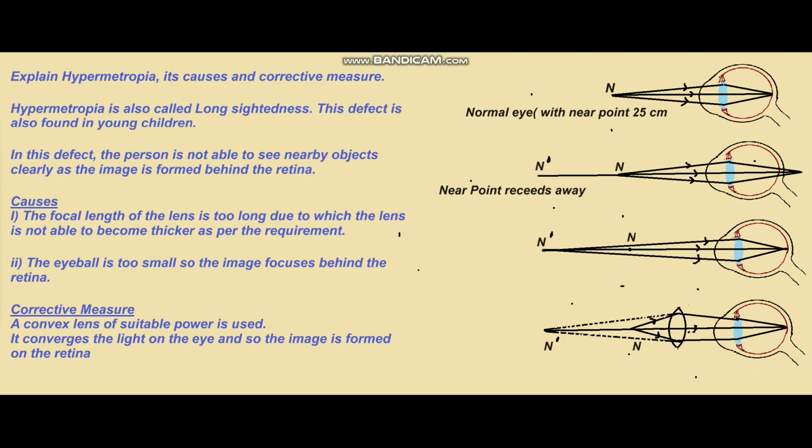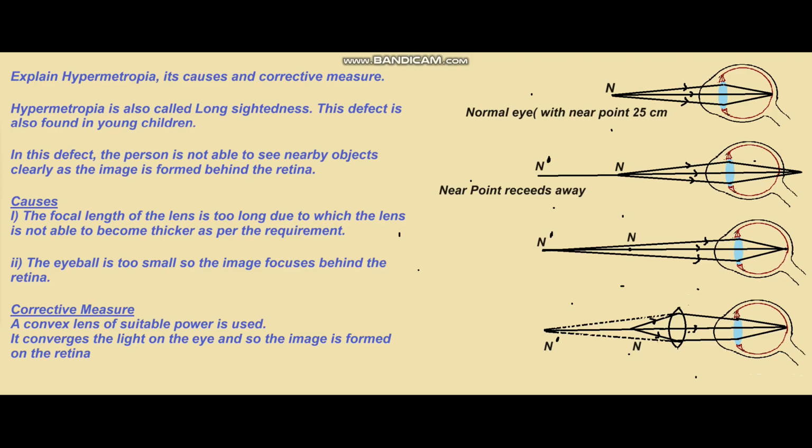As you can see in the second diagram, the normal near point is at 25 centimeters, which is shown by the letter N. And in this case, the near point has receded away from 25 centimeters to N dash. And so, this person will now be able to see the objects clearly, kept at this new near point only. And the objects which are kept closer will focus behind the retina.